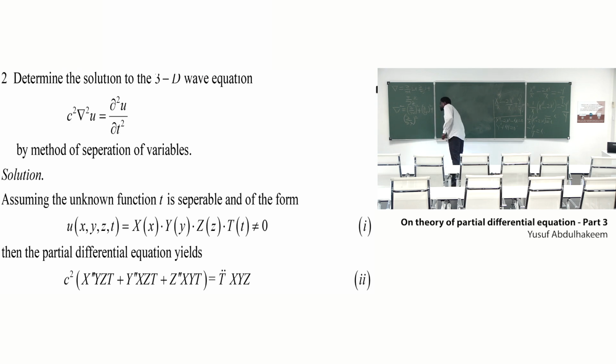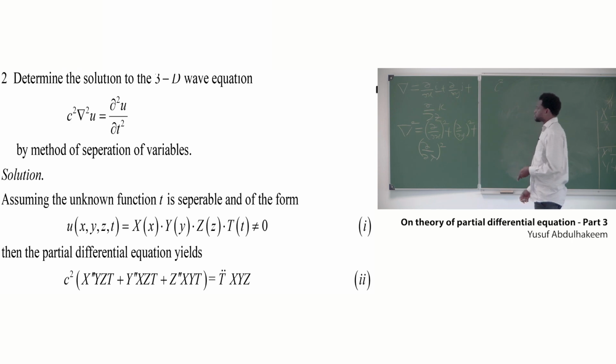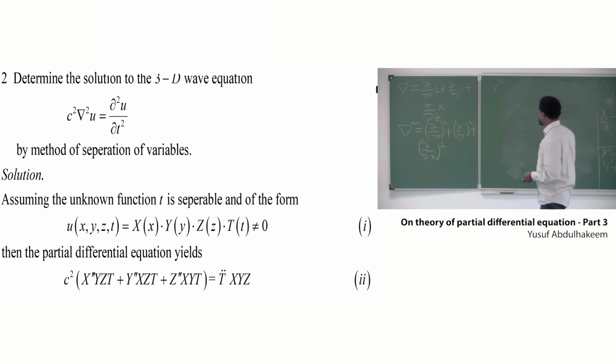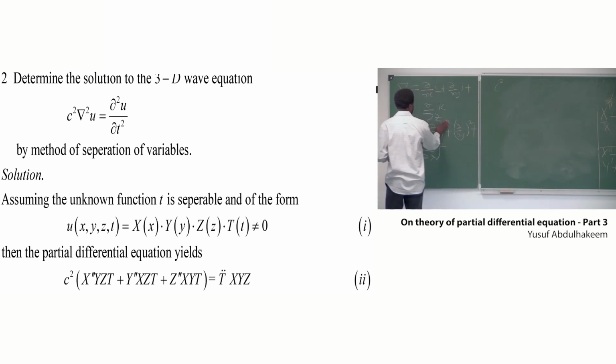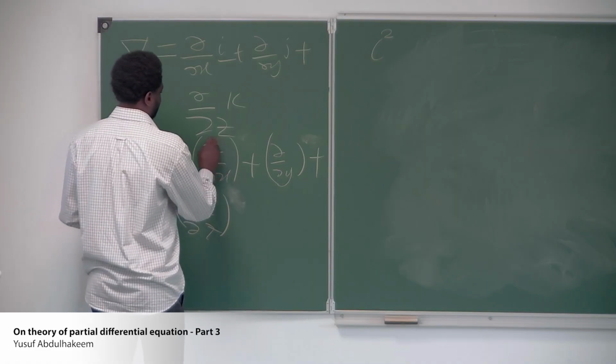So the differential equation, okay, yeah, this is the Laplacian. So here we say that we have c squared in the bracket of the Laplacian of u. So that means we are going to have the differential equation, please.